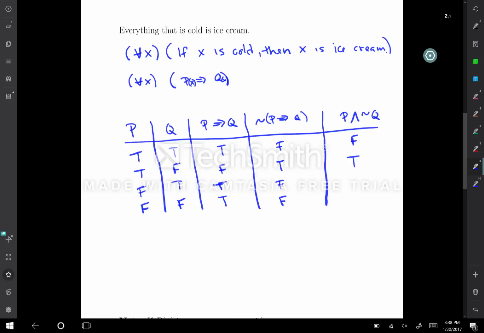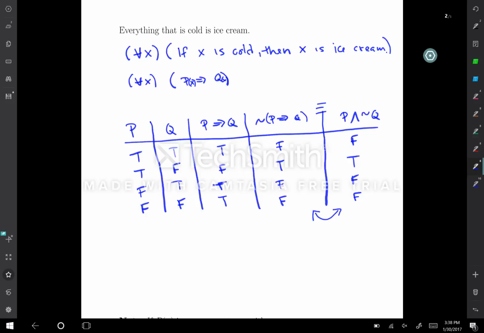If P is false and Q is false, we would get a false. If P is false and Q is true, we would also get a false. So looking at these two columns, we can see that, in fact, these two things are logically equivalent. And that's usually how we will write the negation of an implication.